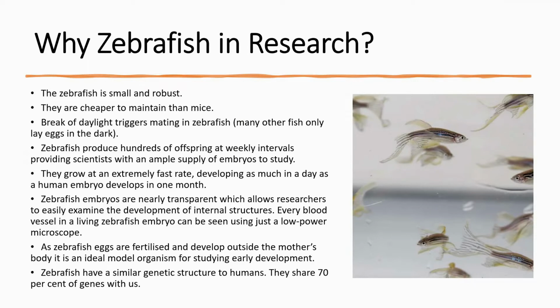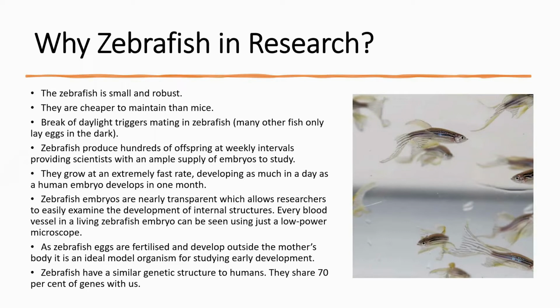Number one, they are small and robust, and they are cheaper to maintain than mice. The break of daylight triggers mating in zebrafish, so early in the morning is the time when they mate. So if somebody is working in the area of breeding them, they know when to collect the eggs.